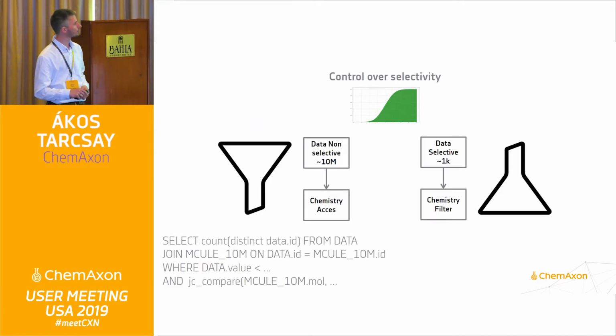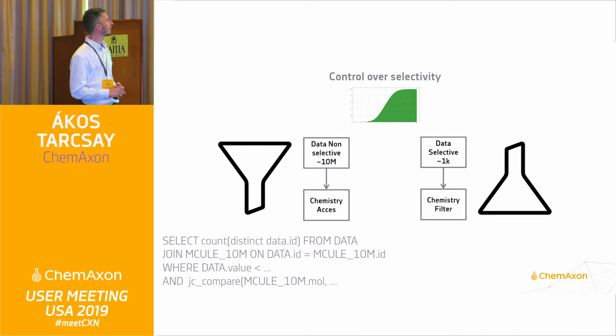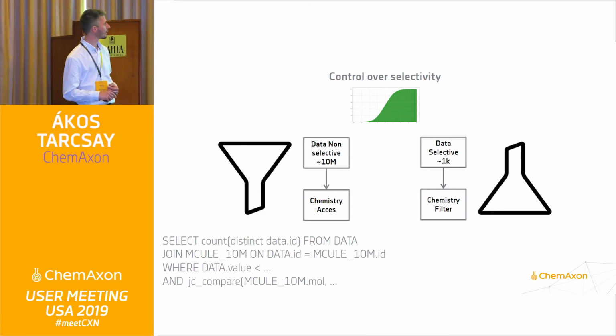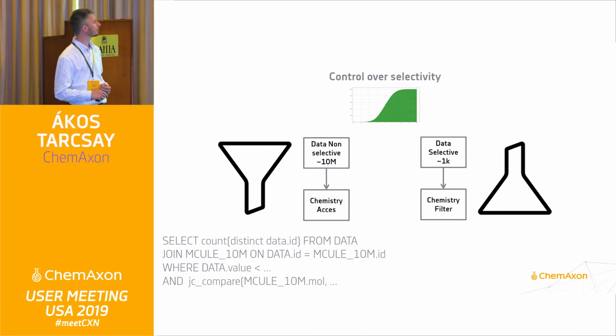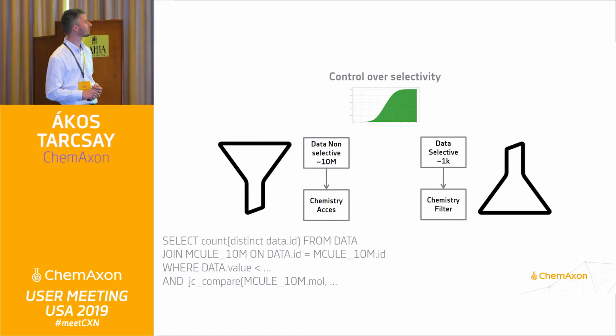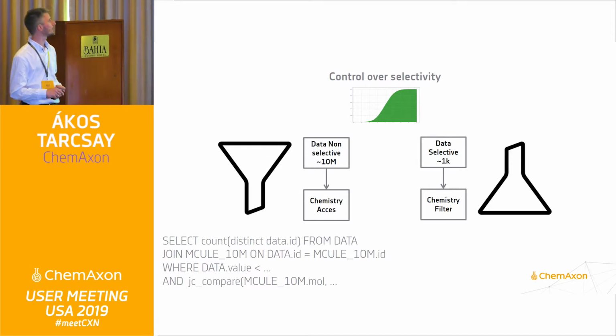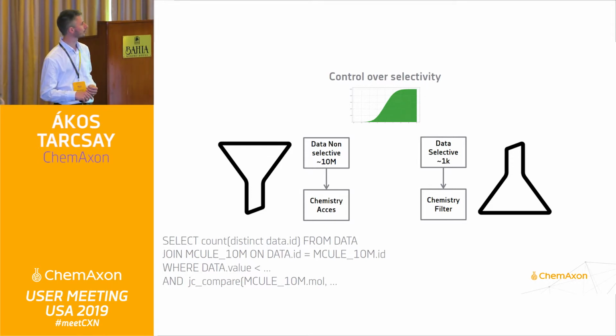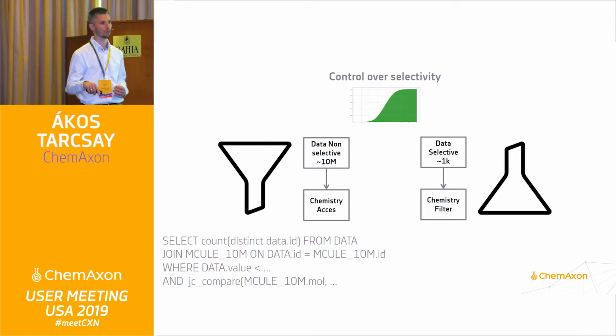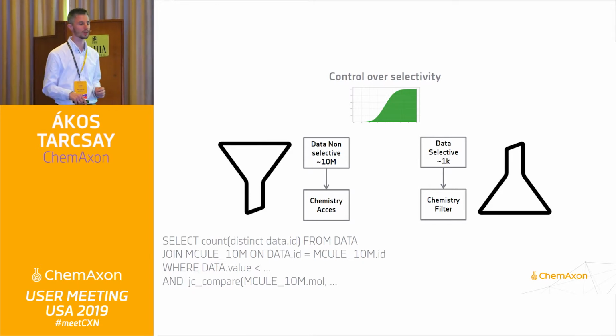And we wanted to utilize this control in a setup that we have a non-selective data query or a selective data query plus the chemical. We assume that if the data query is non-selective, then the chemistry will be run in index mode, in access mode.